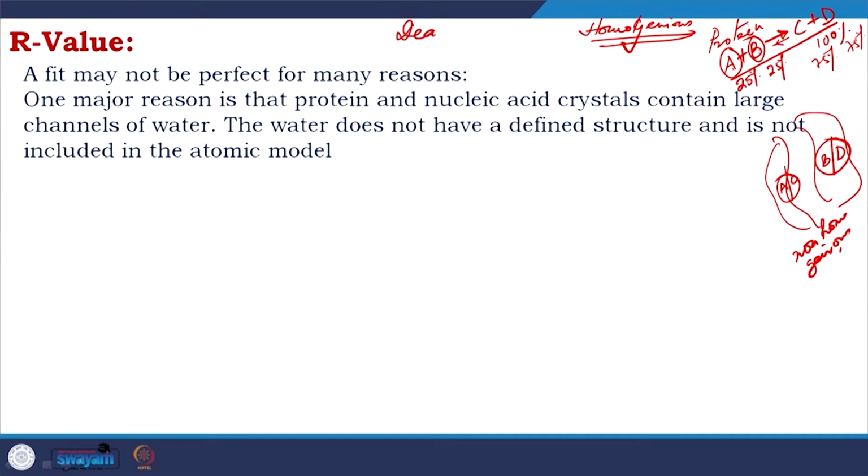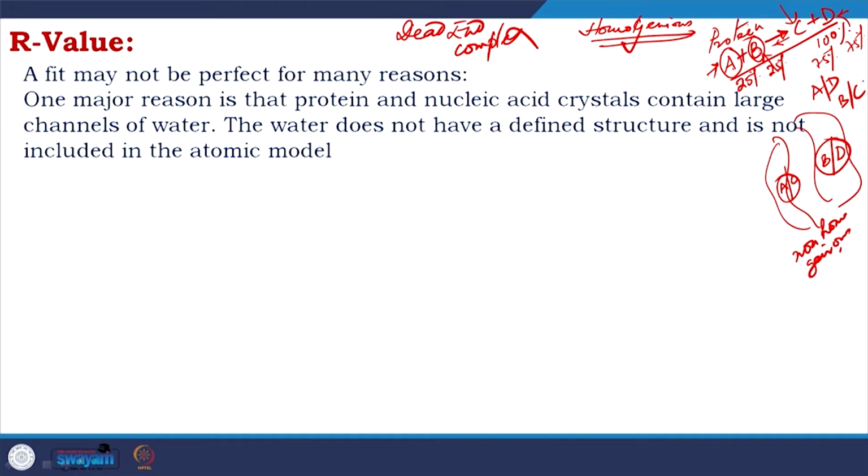The general strategy is to use what we call a dead end complex. What is a dead end complex? A dead end complex is where you use A and D, or B and C, because you know A will never react with D, or B will never react with C, neither will they compete for the same active site.